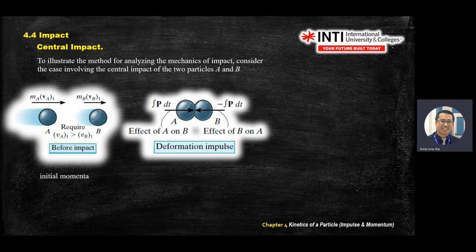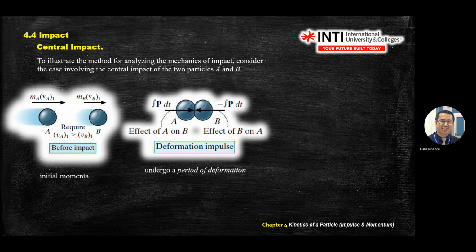In this case, you see negative P and positive P. And when two bodies meet together, it involves impulse. So impulse gives you one equation, the principle of impulse and momentum: the integral of F dt equals mv2 minus mv1.